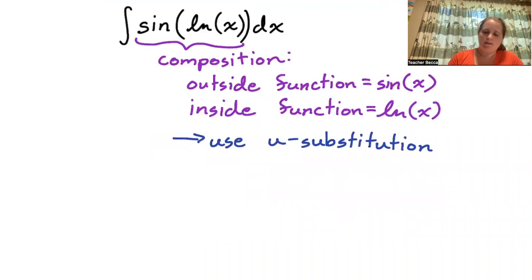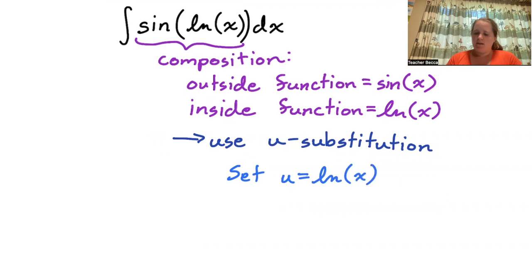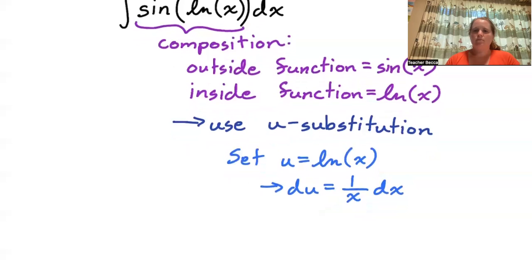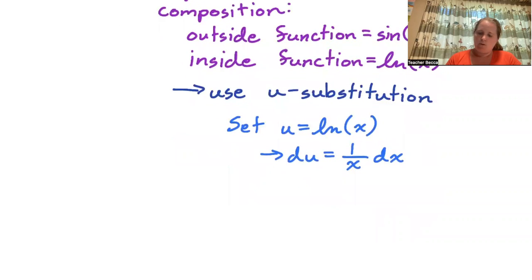So we will go ahead and set u to be equal to the natural log of x. Then that means that our du is 1 over x dx, or dx is x times du.